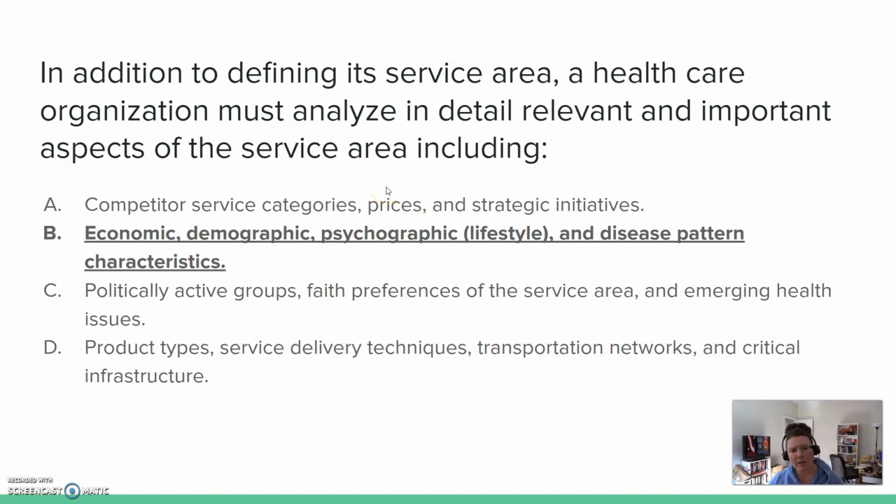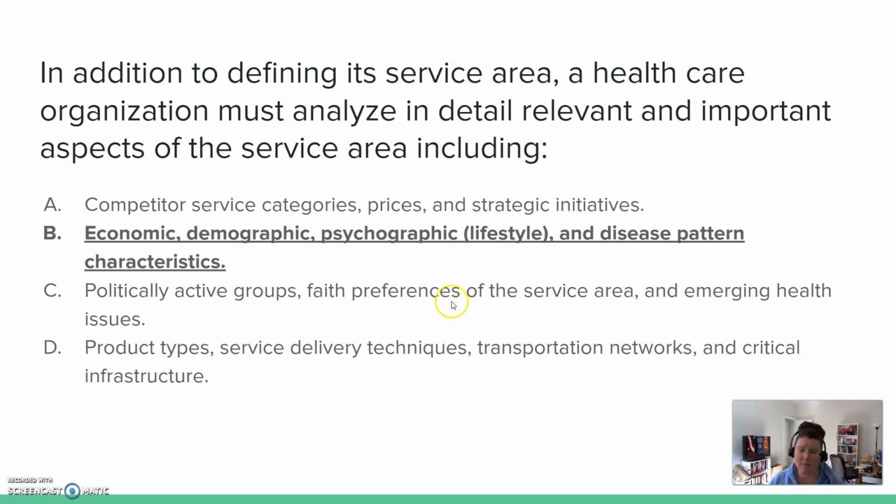So you want to be looking at all of those aspects: economic, demographic, psychographic, and disease pattern characteristics. And I think I told the story probably in last week's video of going to receive care in Manhattan.